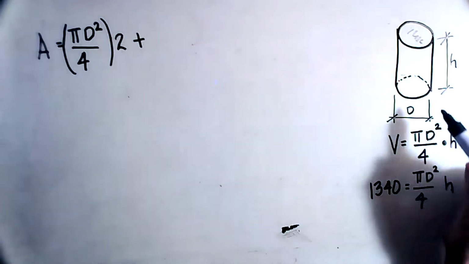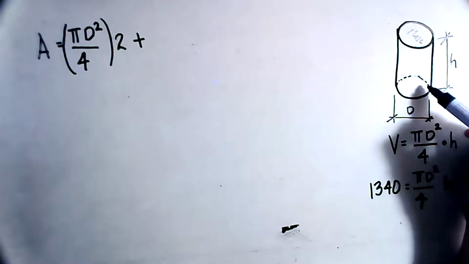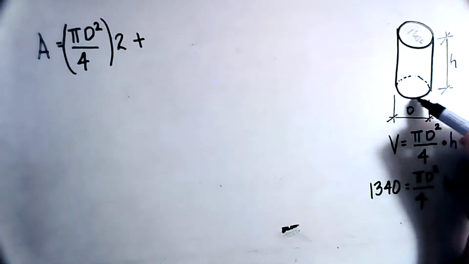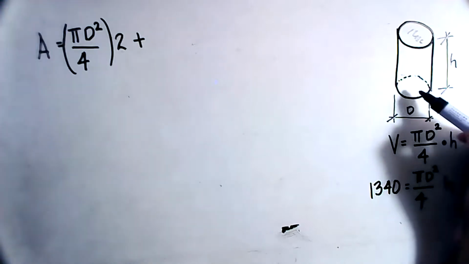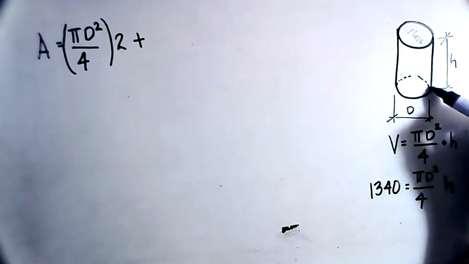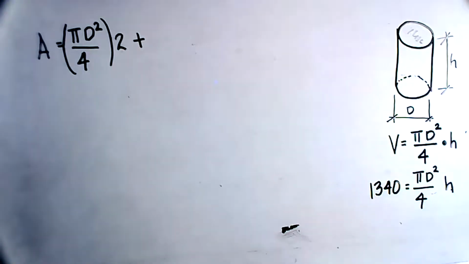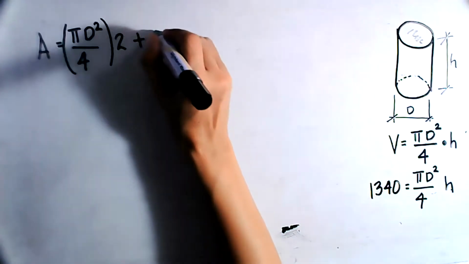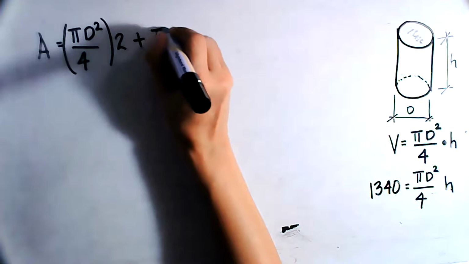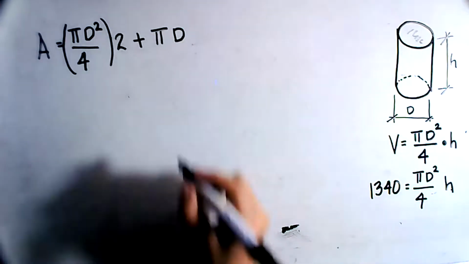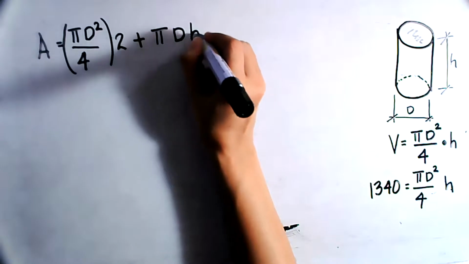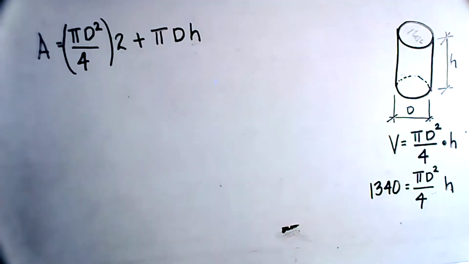The lateral surface area is simply equal to the circumference of the base of the circle, multiplied by the height. Remember that the formula for the circumference of a circle is pi times diameter, and you multiply it by the height.